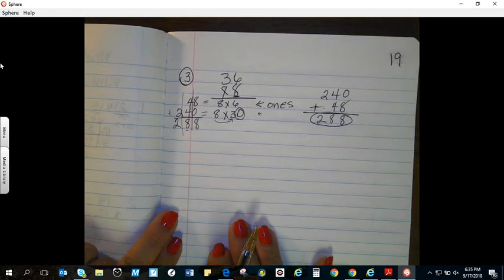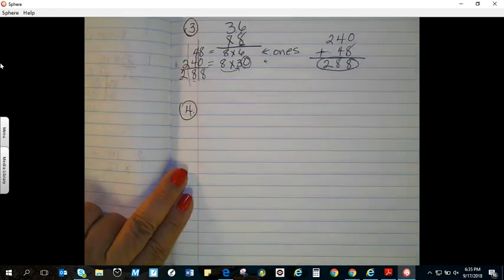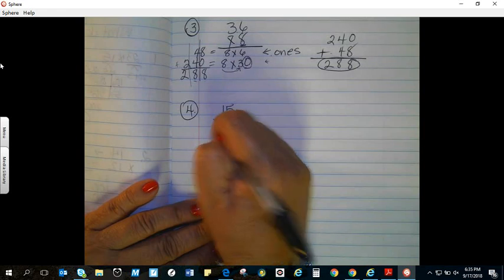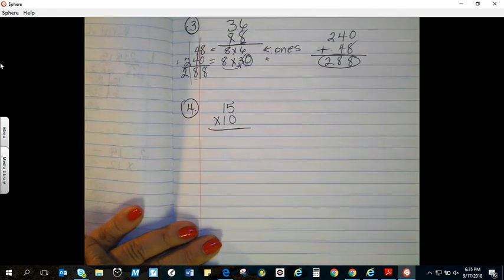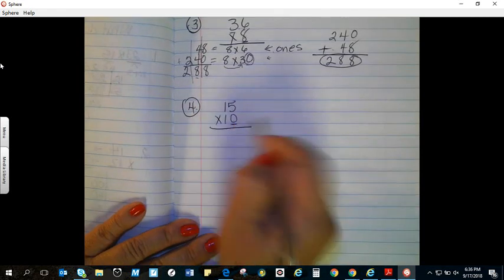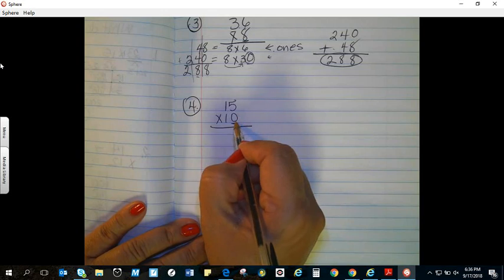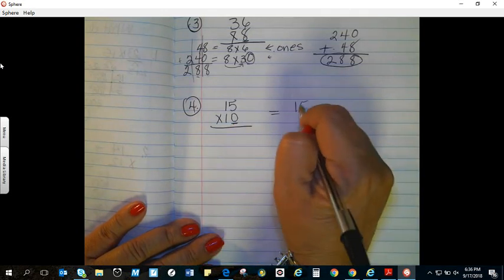Okay, then the last one, this is another one, and of course I'm looking forward to see what you have to bring in. 15 times 10. Now for me, I know that anything multiplied by 0 equals zeros. So when I'm multiplying numbers by 0, I'll put those at the bottom part, and this is what I do to make it easier.